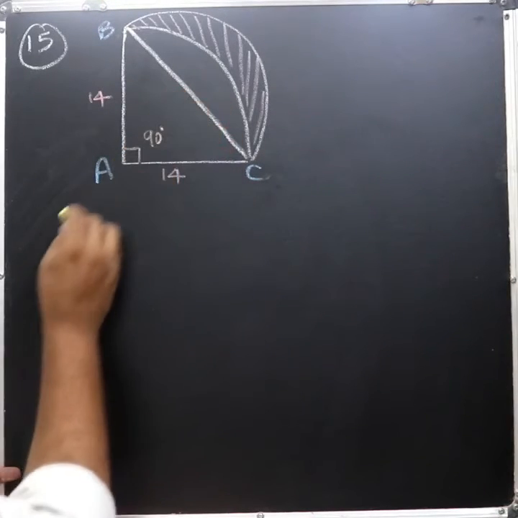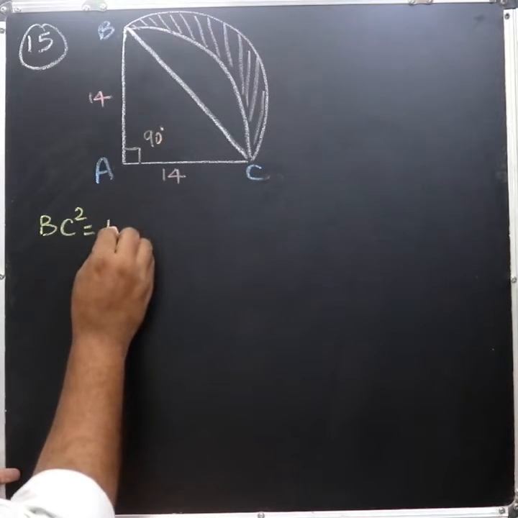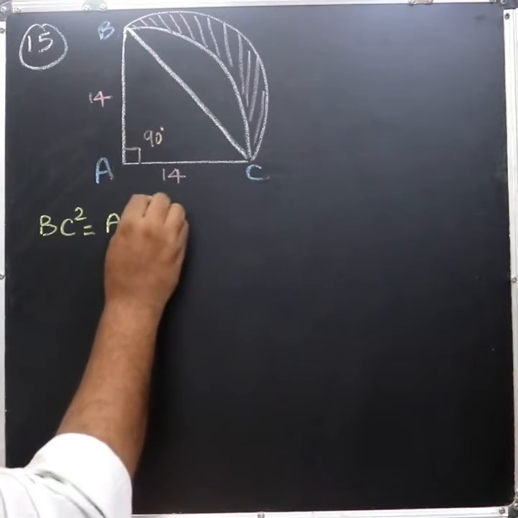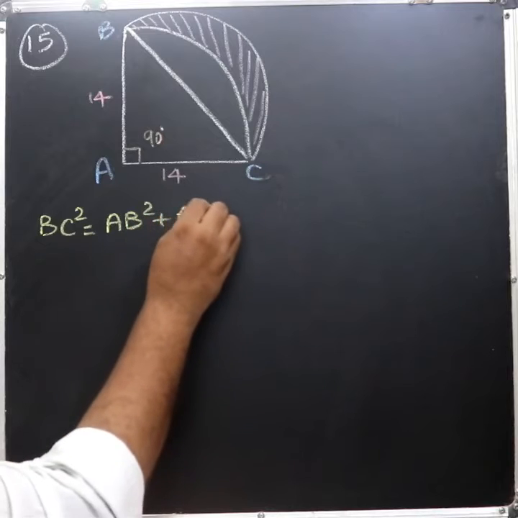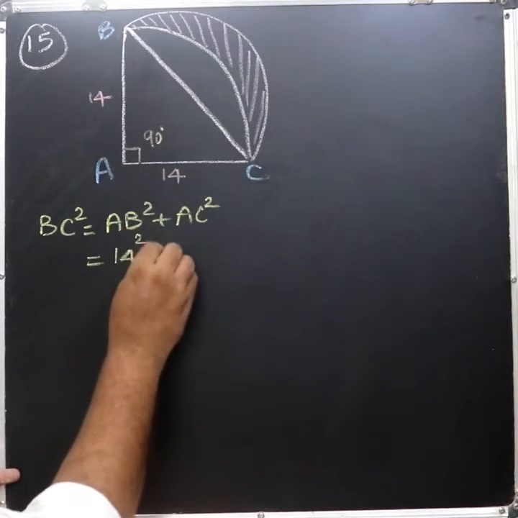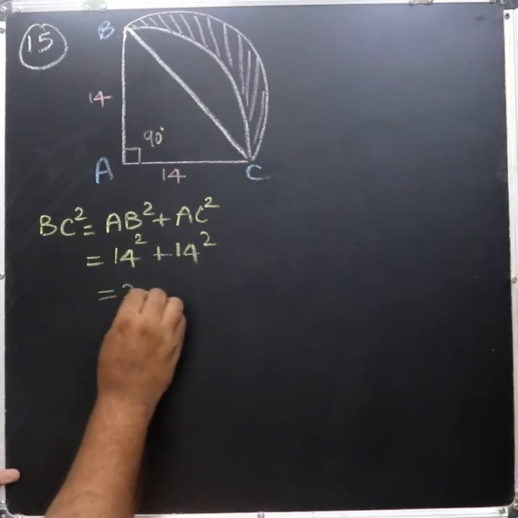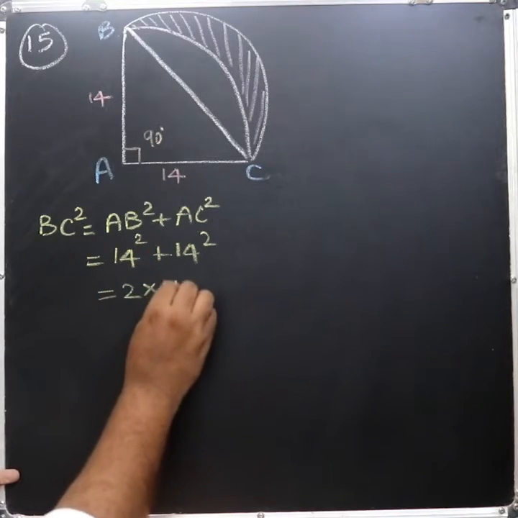Since this is the hypotenuse side, we have BC squared equal to AB squared plus AC squared. That is going to be 14 squared plus 14 squared, which can also be written as 2 into 14 squared.